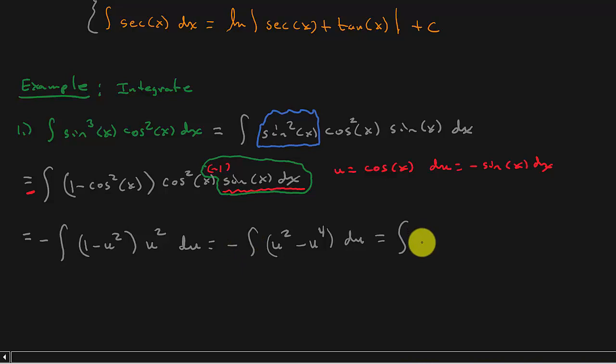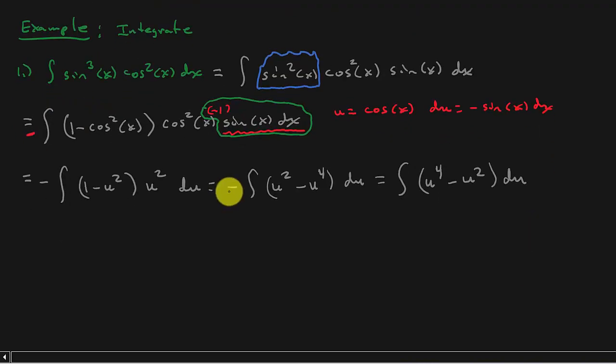So that's going to be the integral of u to the 4th minus u squared du. And so now we're ready to integrate.